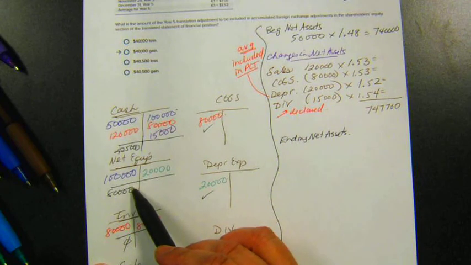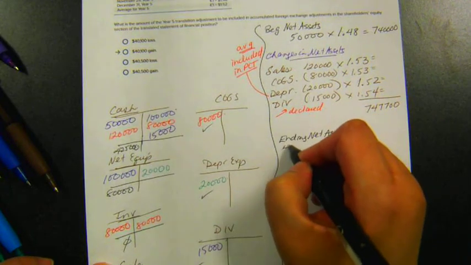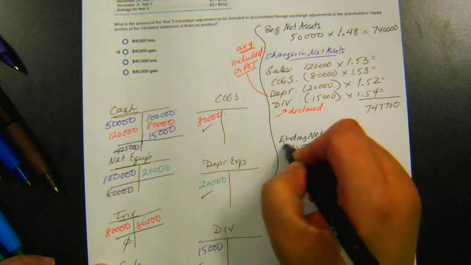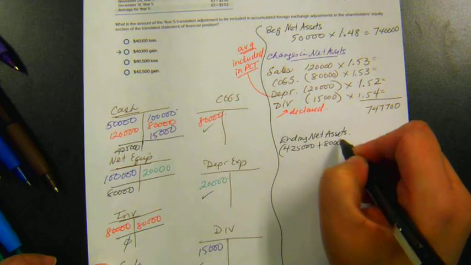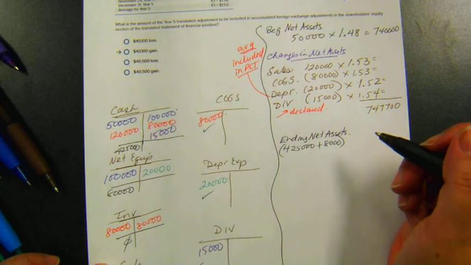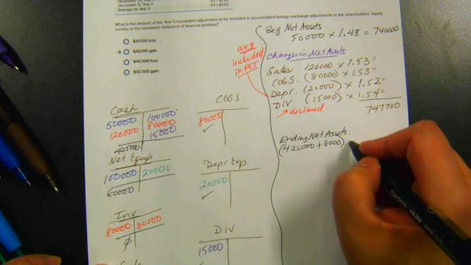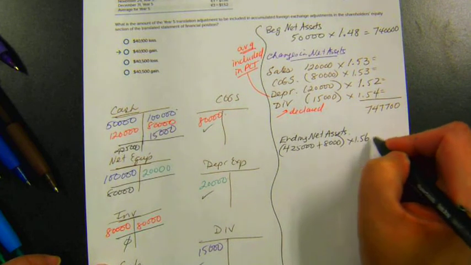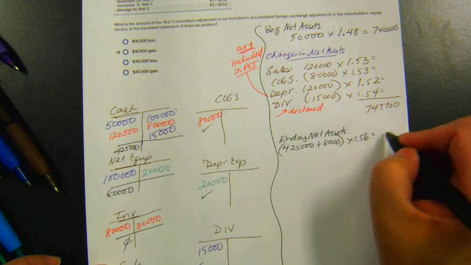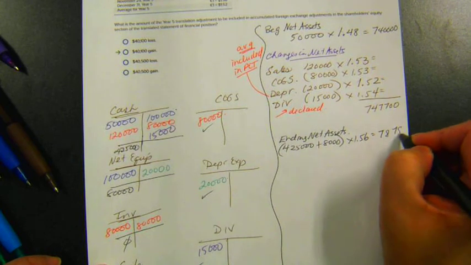And it's the end of year 5, so it's times 1.56, which equals 787,800.